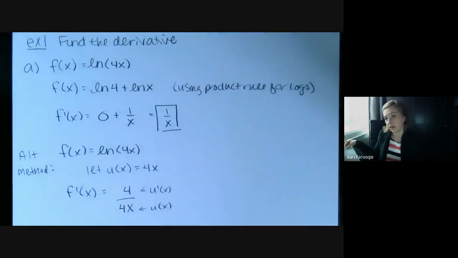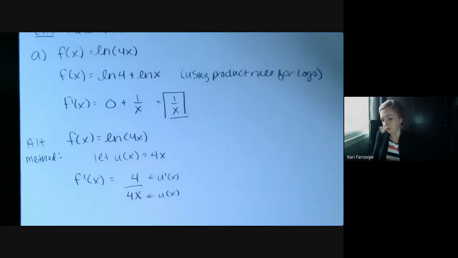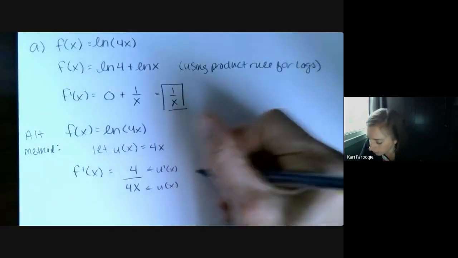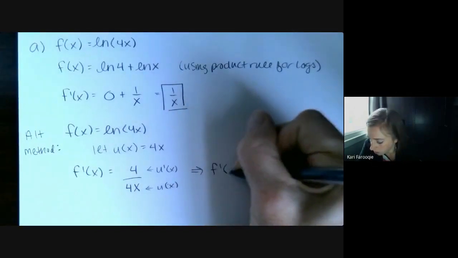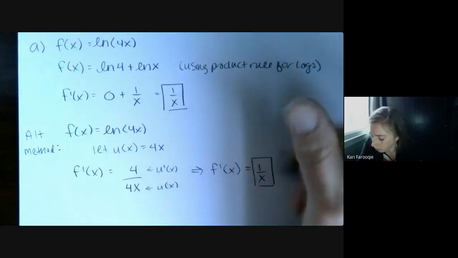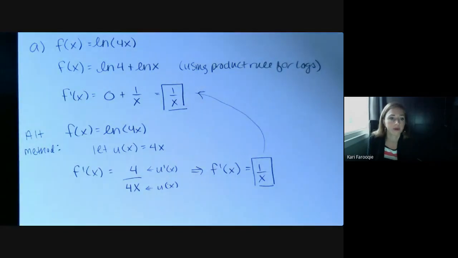Now, if you did it that way, you'll notice that now you can simplify your derivative because 4 over 4 simplifies to 1, and you end up with f prime of x equals 1 over x, which is the exact same thing we got before.